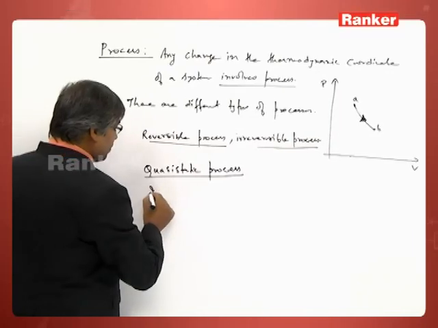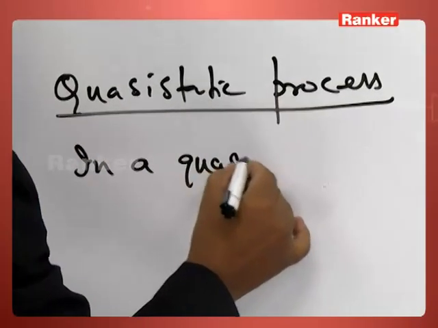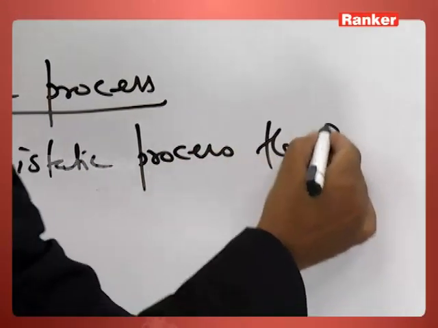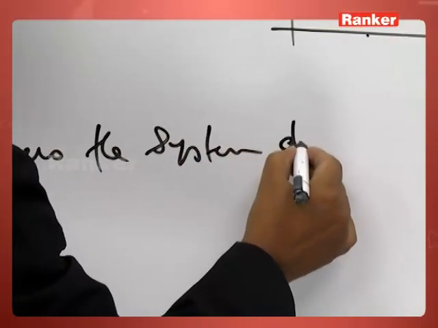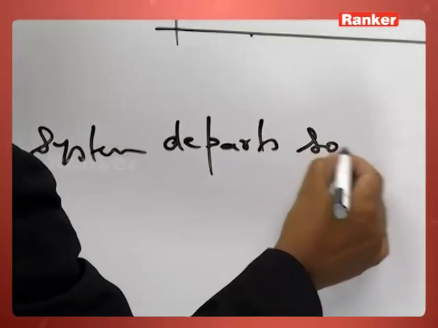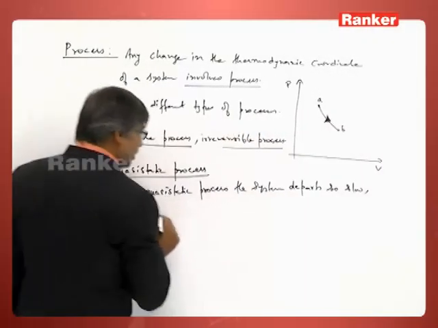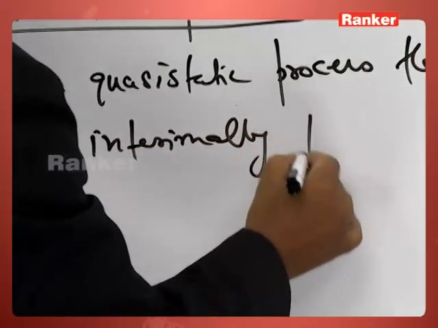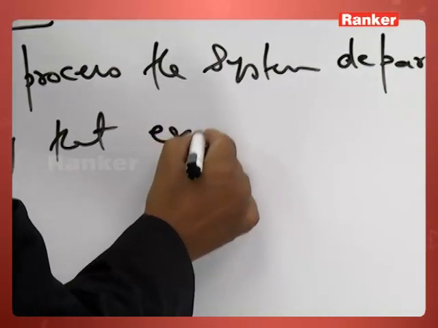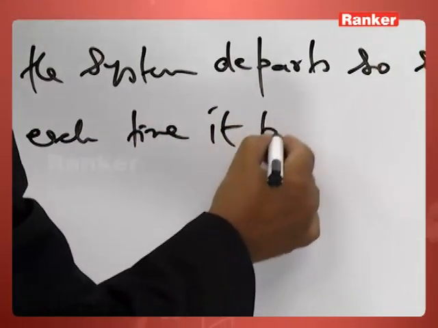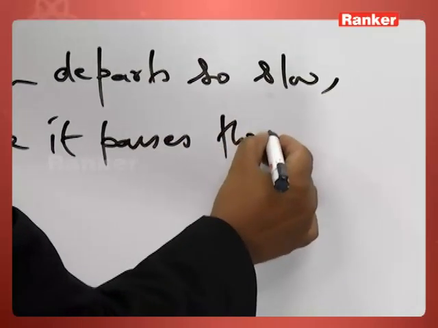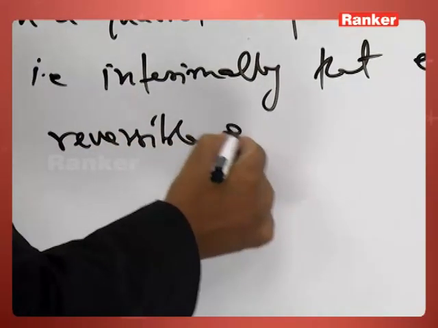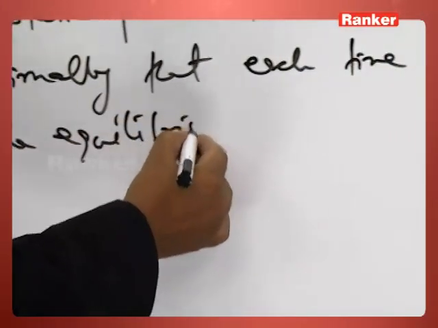In a quasi-static process, the system departs so slowly, infinitesimally, that each time it passes through a reversible equilibrium state.